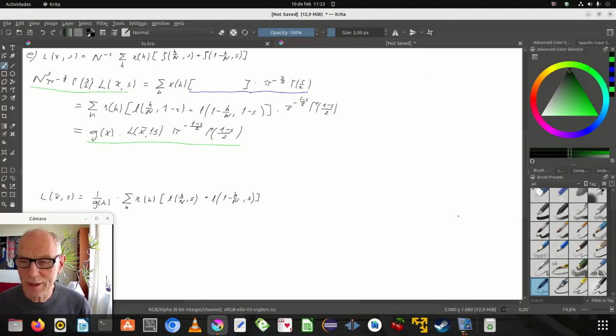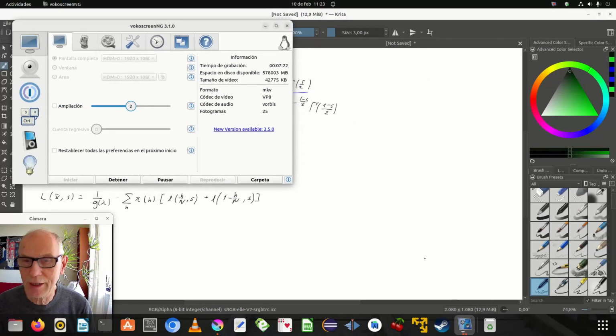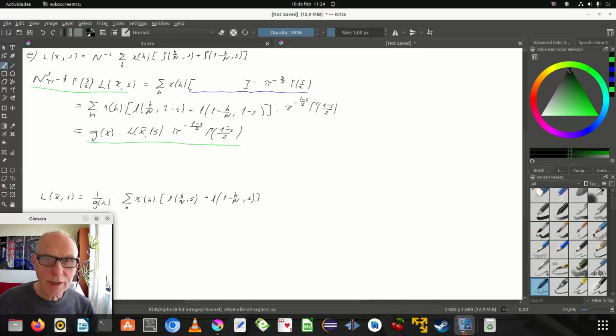And I haven't read the next part carefully, so I'll just make a pause. I read it not very carefully, but I think I've got it. We apply the formula up here to s equals 1/2.